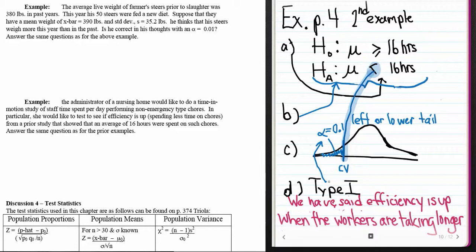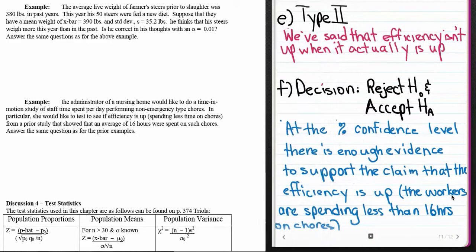We're going to praise our workers, maybe give them bonuses. But the efficiency wasn't up. They're taking longer. So that's a bad thing for the company here, for this nursing home, if they praise their workers when their workers really aren't doing anything. They're losing money by them being less efficient, but yet then they're praising them. So that's really a lose-lose situation.